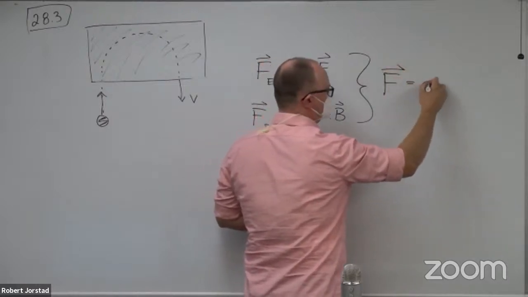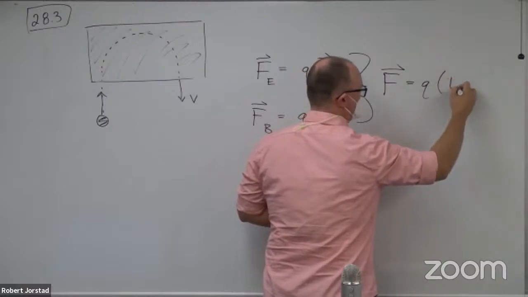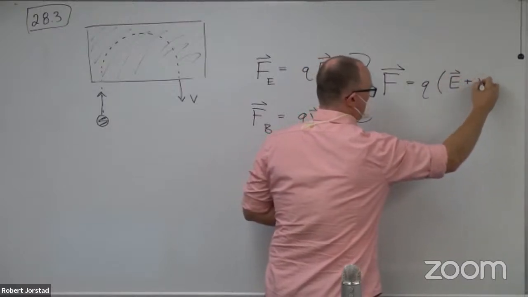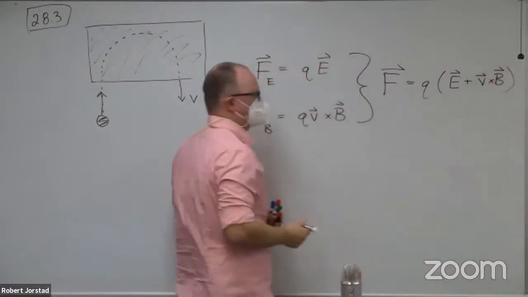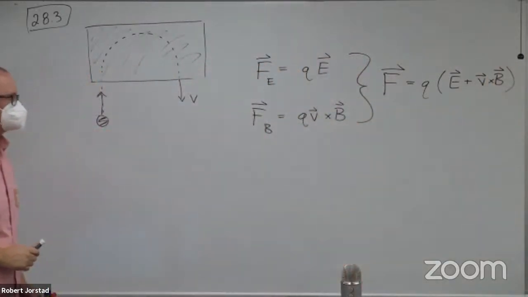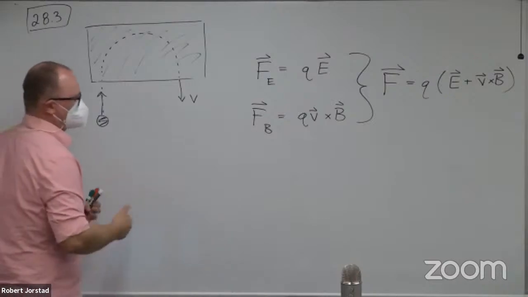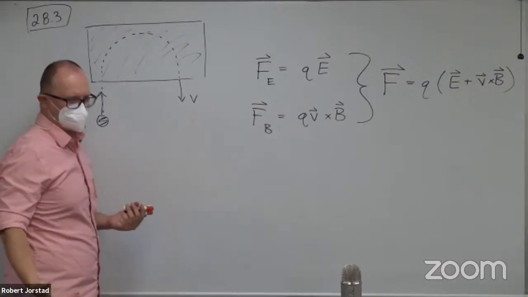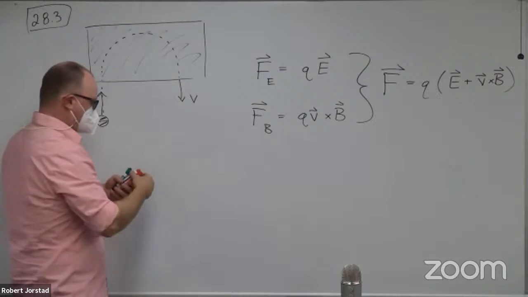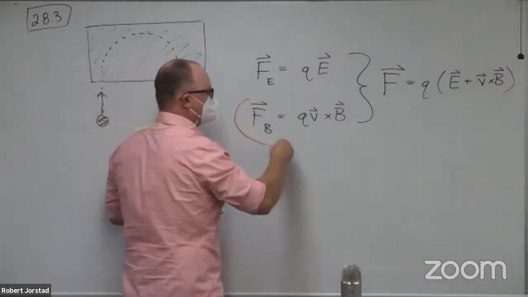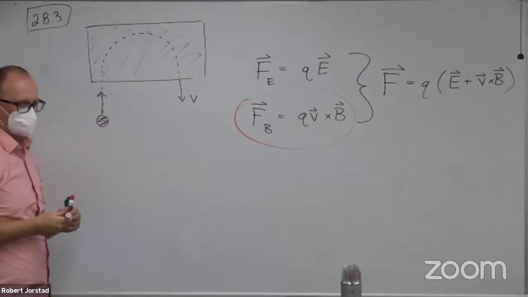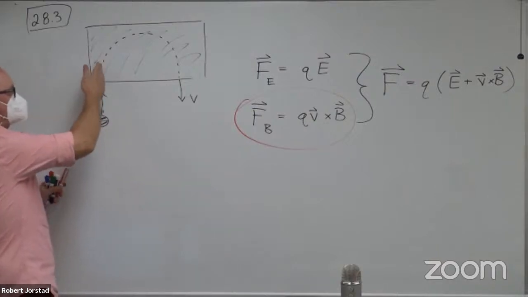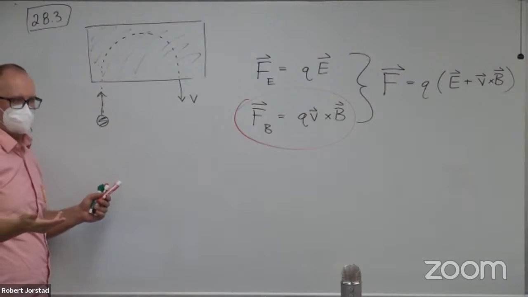If you wanted to, you could combine these into one megaforce called the Lorentz force: E plus V cross B. That's what we'll do the last week of class. But the idea is, which one of these causes circular motion? A magnetic field, right? If you had an electric field present, wouldn't that screw up the force towards the center all the time?